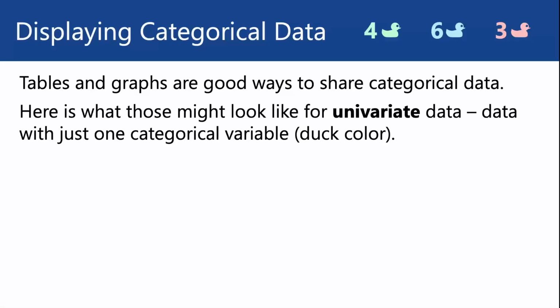When you're displaying categorical data like this, you might want to use tables and graphs. These are really good ways to share the categorical data. So let's go through, just for today, what it might look like for univariate data. That's data with just one categorical variable, like duck color.